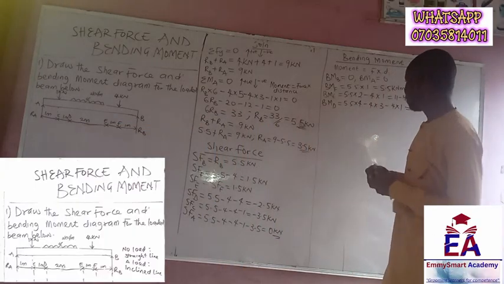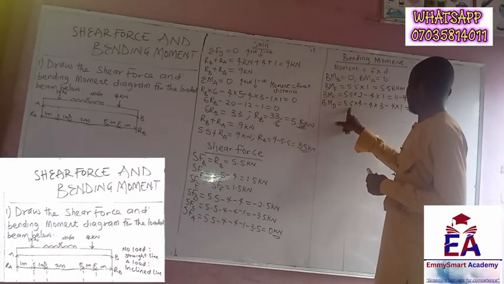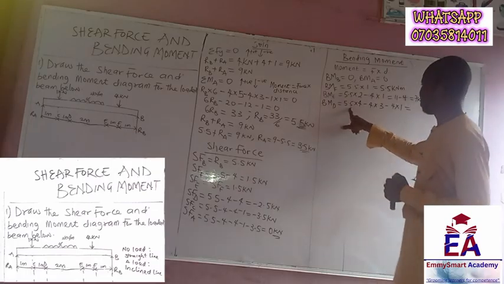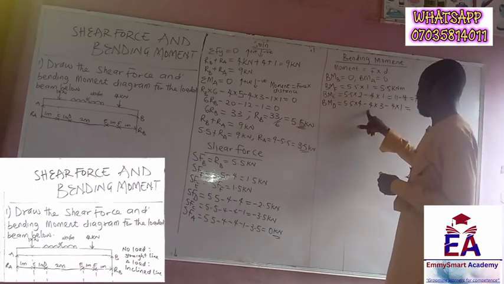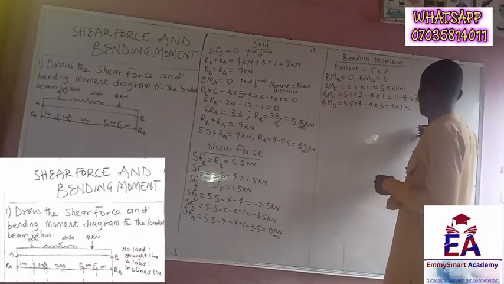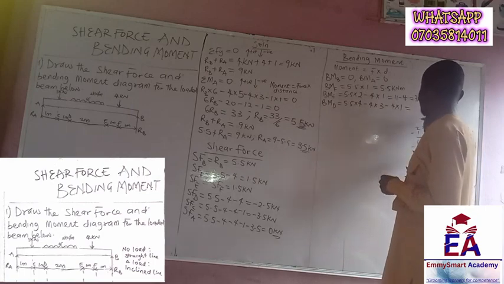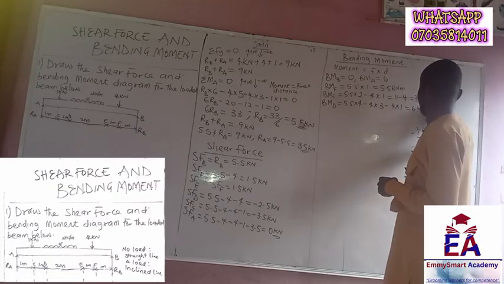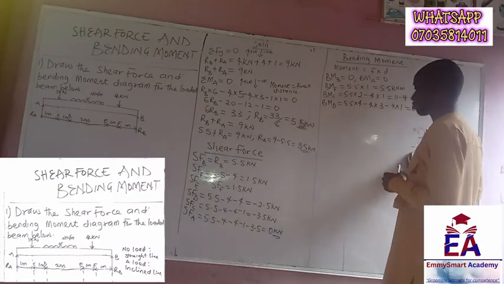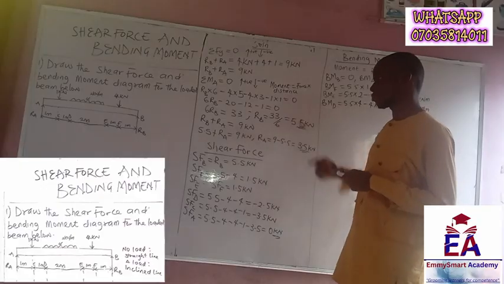So 5.5 times 4 is 22, 22 minus 12 is 10. Then 10 minus 4 is 6. So we have 6 kilonewton meter as the bending moment at point D.